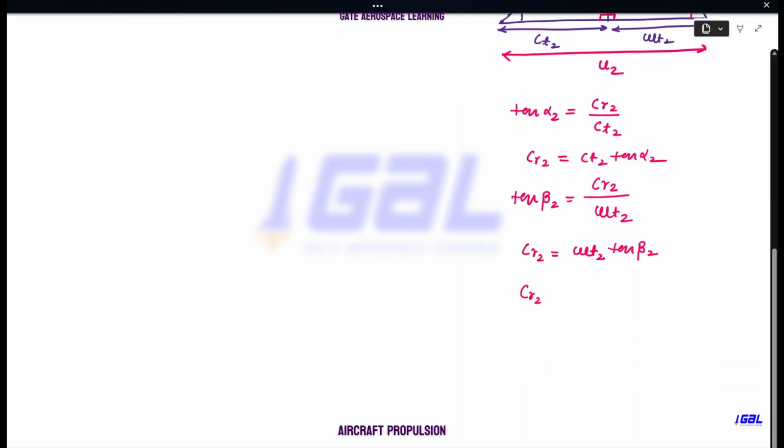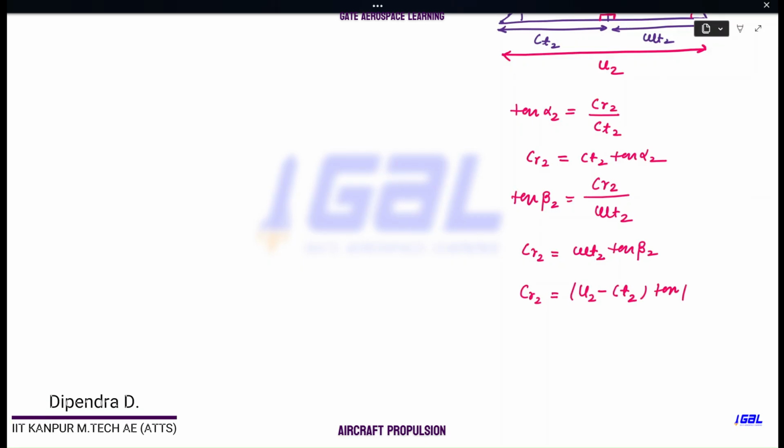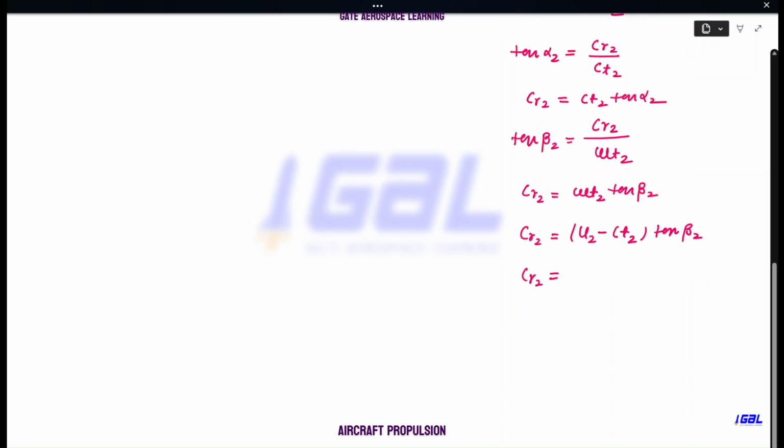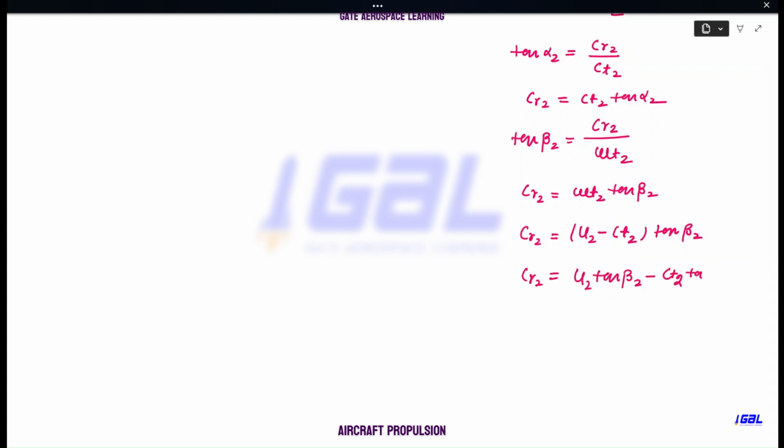So CR2 can be written as U2 minus CT2 multiplied by tan beta 2. Now multiply this tan beta 2 inside, and you will end up getting U2 tan beta 2 minus CT2 tan beta 2, right?